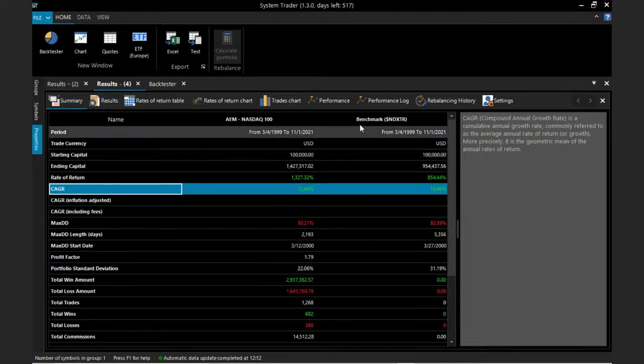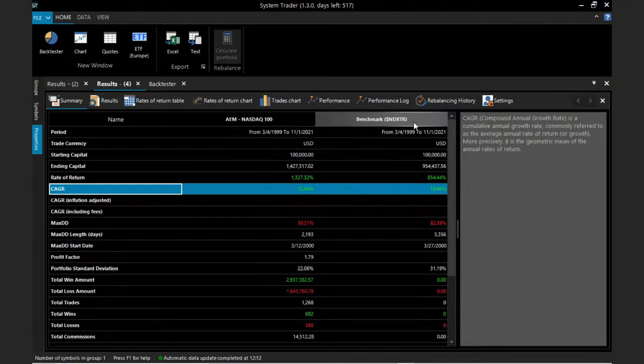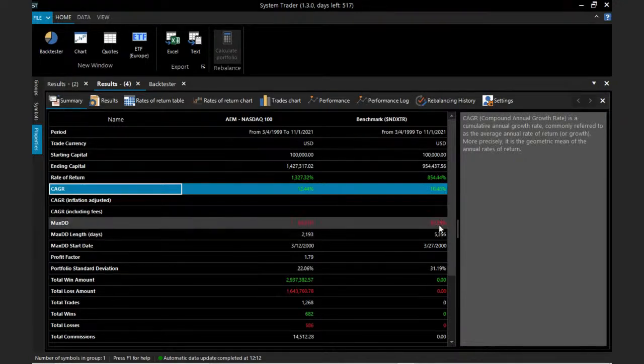So you can see the benchmark, the Nasdaq 100, here. And as you can see, on average, the compounded annual growth rate from 1999 till today was over 10.4%, but the maximum drawdown was over 80%. That was the tech bubble at the beginning of the 21st century.